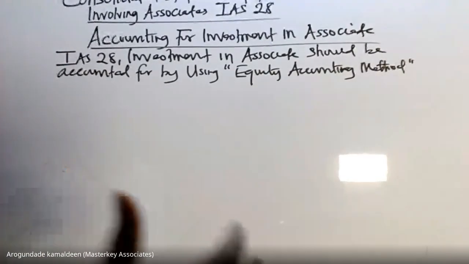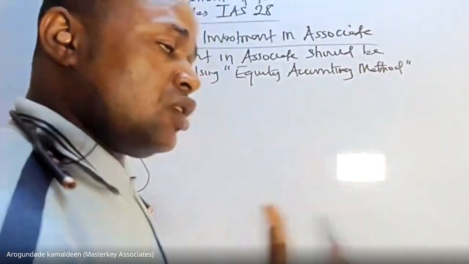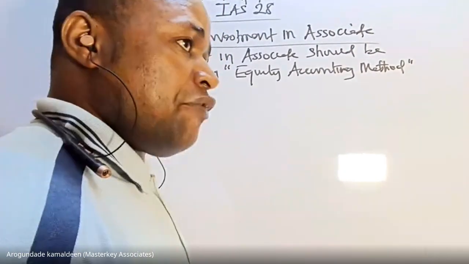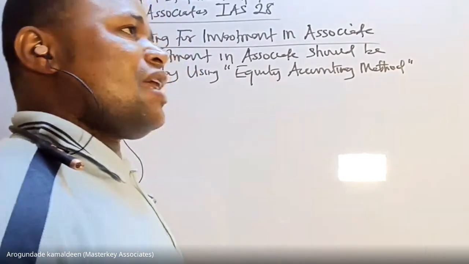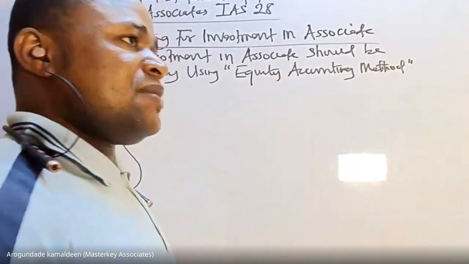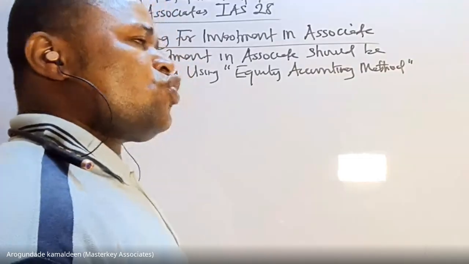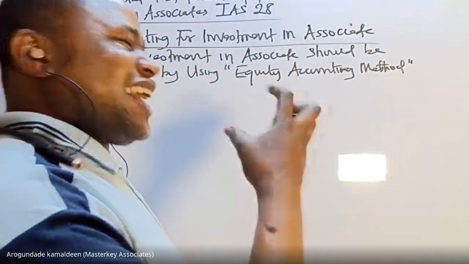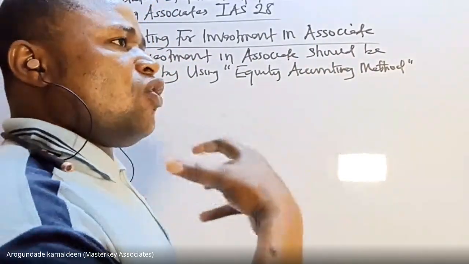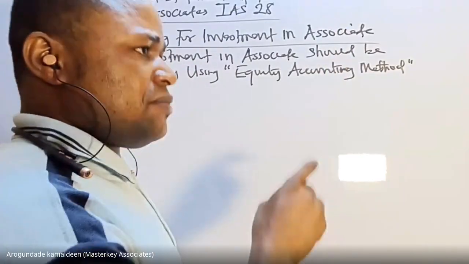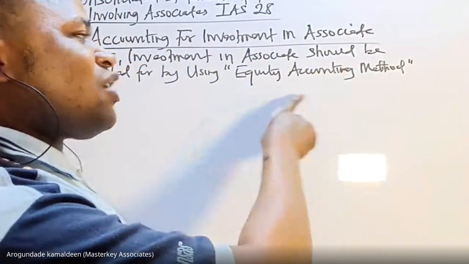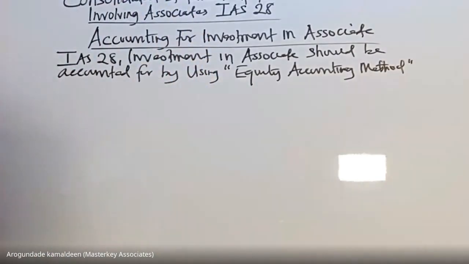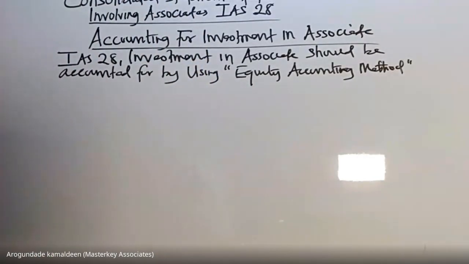This is not a subsidiary. You don't have control. Therefore, you cannot consolidate. You cannot add the associate's assets and liabilities. No. You should only take account of your own share of interest in the associate. And that can be determined through the equity accounting method.